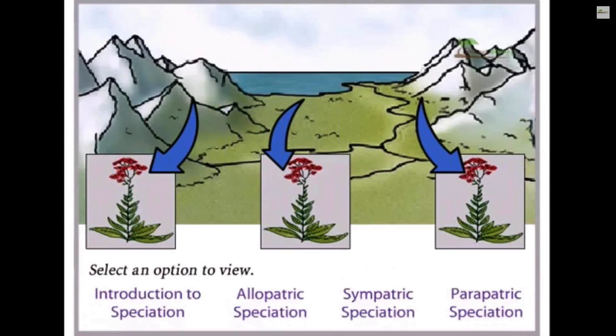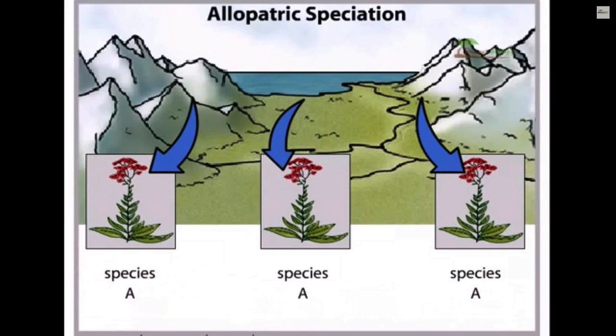New species evolve by a number of mechanisms, which are generally categorized as either allopatric, sympatric, or parapatric speciation mechanisms. Select an option to view. Allopatric speciation requires total genetic isolation by geographic separation.